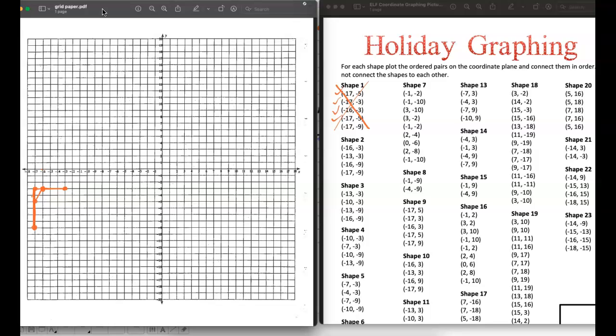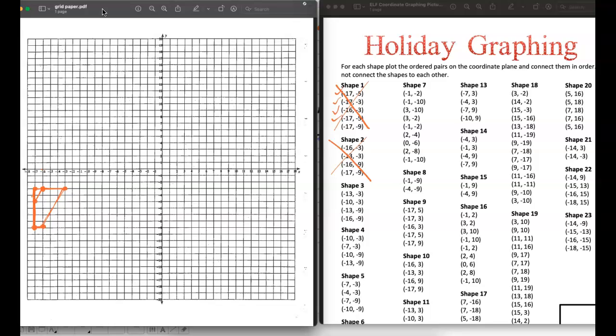Then we're at -16, -9. And we connect the dot. And then -17, -9. We connect. So I'm done with shape 2. So far, that's what you have.